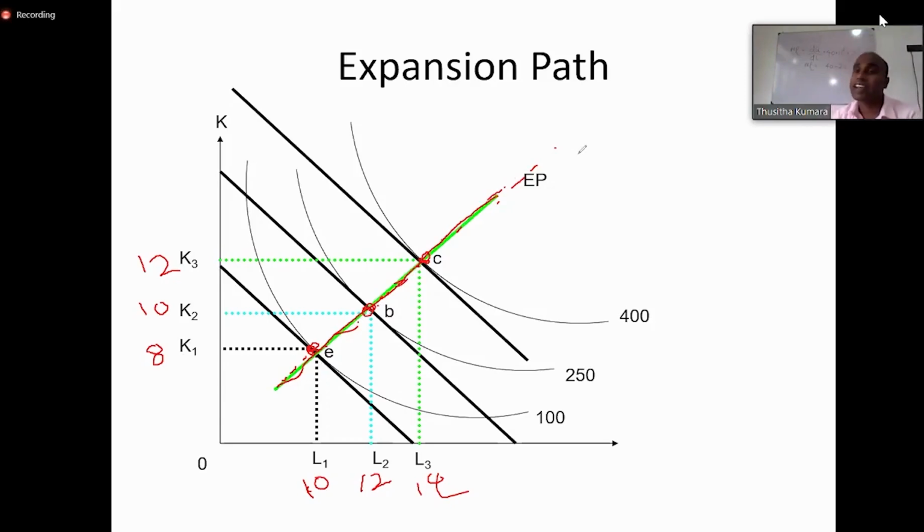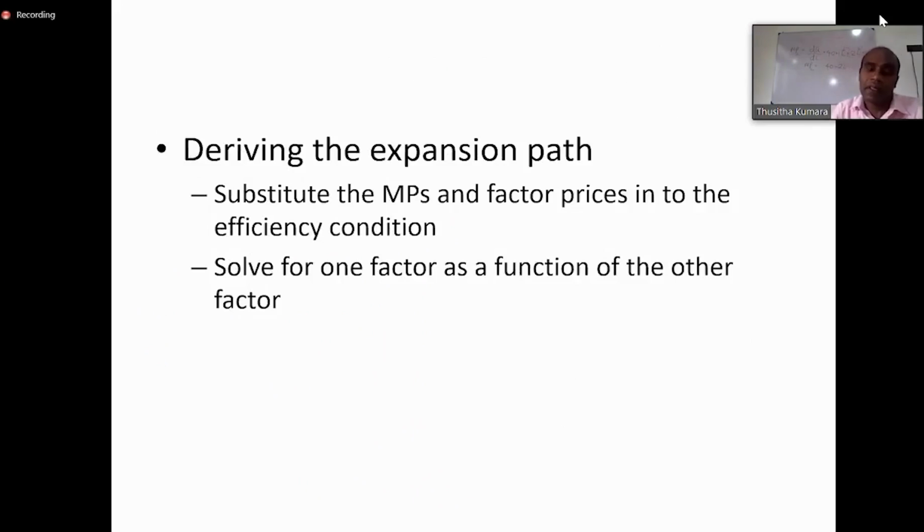This is why it is called expansion path. If we want to expand our production process, we should combine labor and capital with the ratio that is given with the expansion path. Then how can we get the expansion path? Already we did that, right?